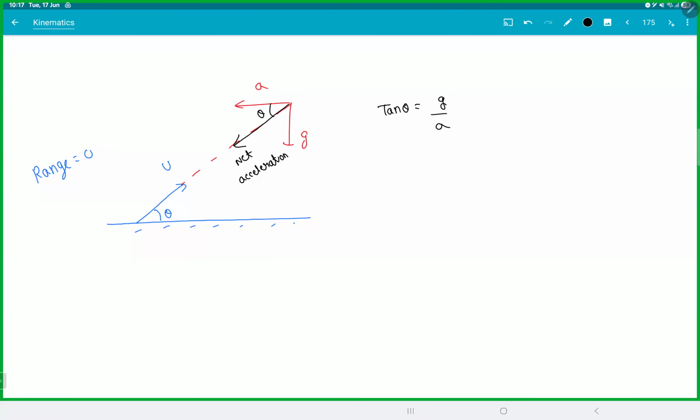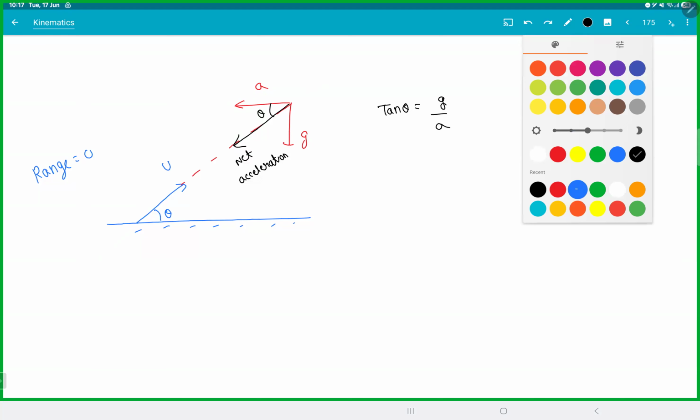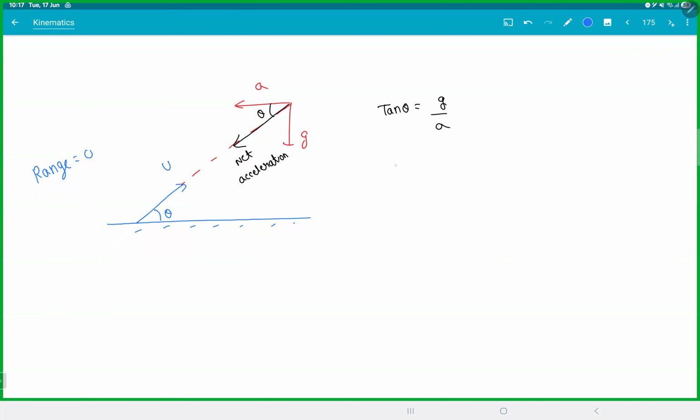Are you getting this? The reason the particle is coming back to the point of projection is because the acceleration and the velocity have become opposite to each other. So this particle is going up and coming back on the same line. It travels on a straight line. So for the particle to come back, it must have been going in a straight line.